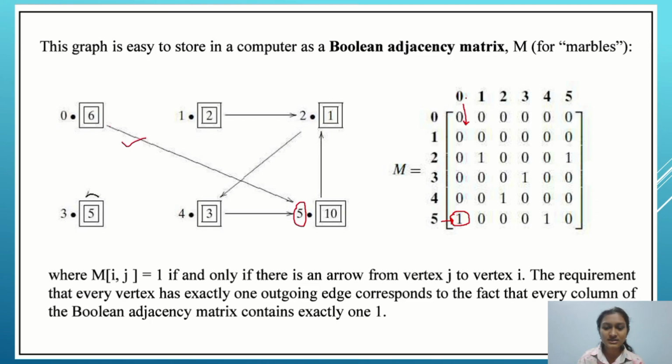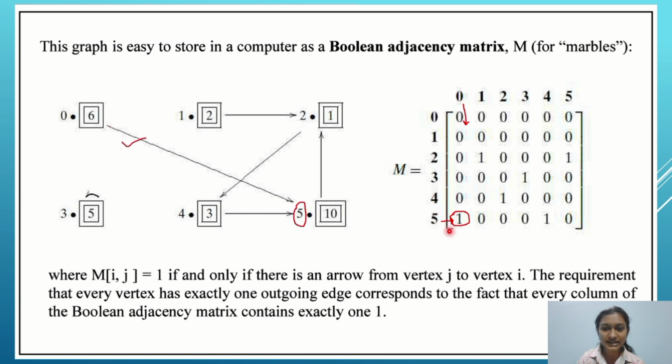And if we see from 0 to 0, there is no arrow existing from 0 to 0. And then 0 to 1, it is also the same, no arrows are existing. From 0 to 2, from 0 to 3, from 0 to 4. You can see that no arrows exist from 0 to 1, 2, 3 and 4. Only it is existing from 0 to 5.